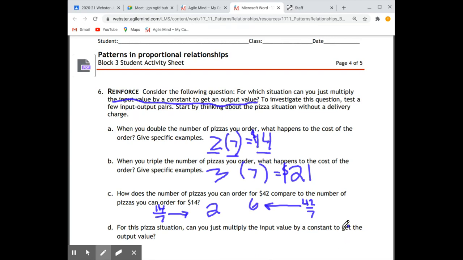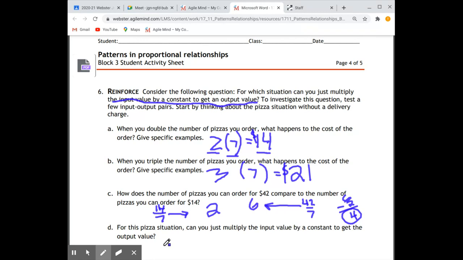Because you should add 4 more pizzas. How did you do it though? I just flipped the numbers over. Okay. And we know that 6 minus 2 is 4. So we would say if you had $42, you could buy how many more pizzas? 4 more. Good.